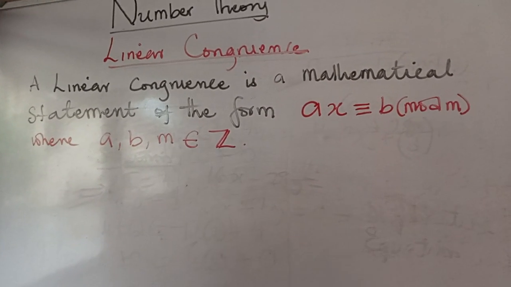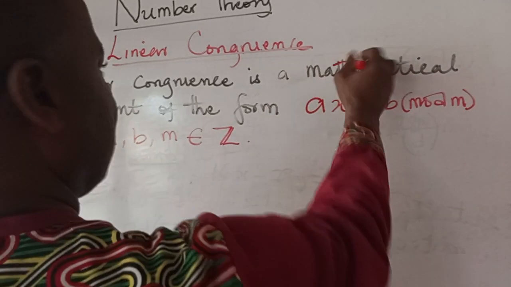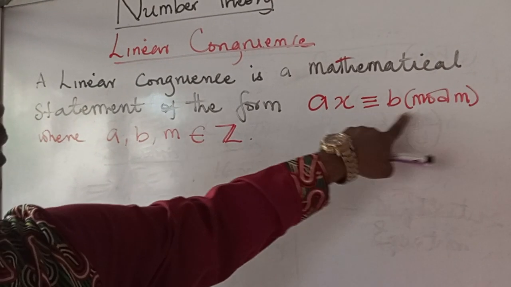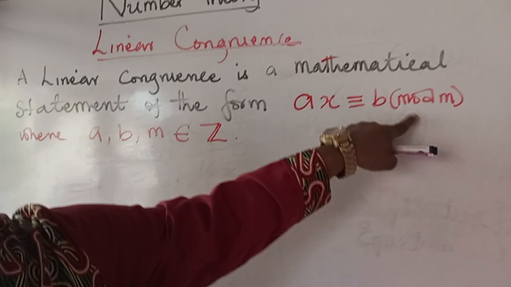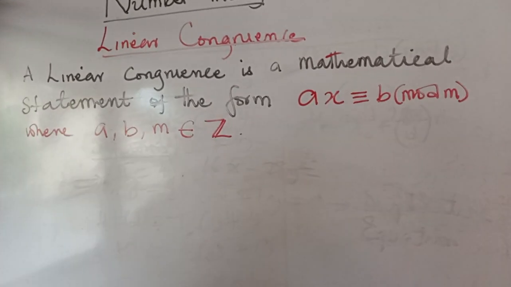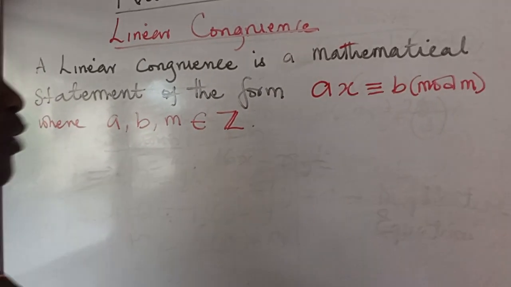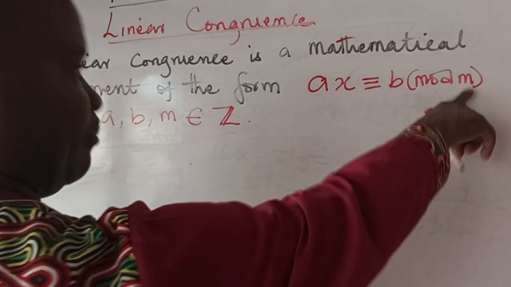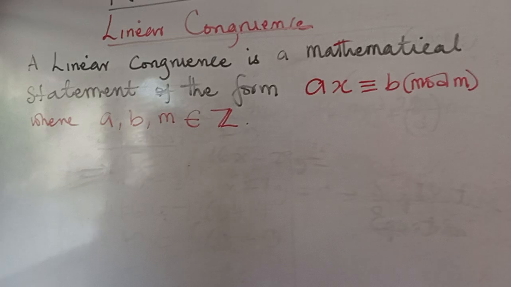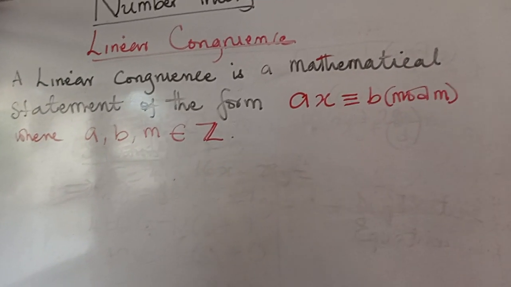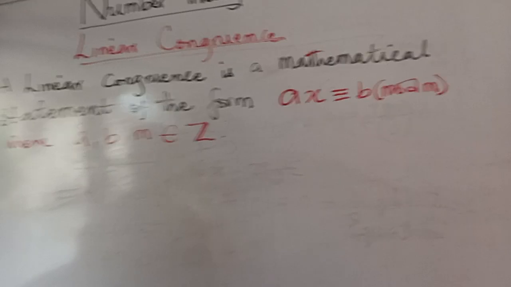So a linear congruence is a mathematical statement of the form ax is congruent to b mod m. Mod is a short form of the word modulus, which means the remainder when we divide a number by m. We are not interested in the quotient at this time. We are interested in the remainder after division. That's what modulus is all about.